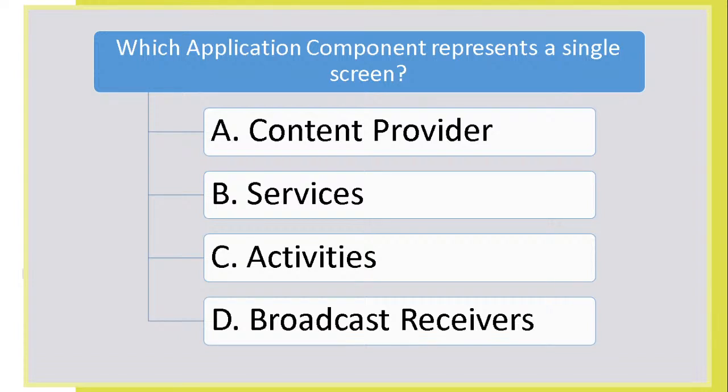So let me give you the correct answer. Yes, Nishu Singh, you gave the correct answer: these are the activities. Activities give you a single screen user interface. Whatever content you want to display on a single screen is done through activities.